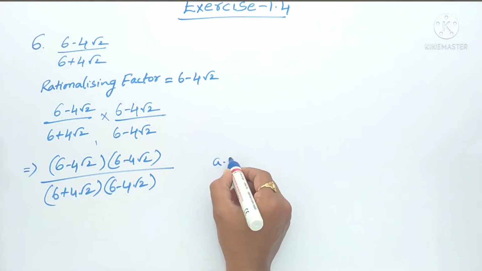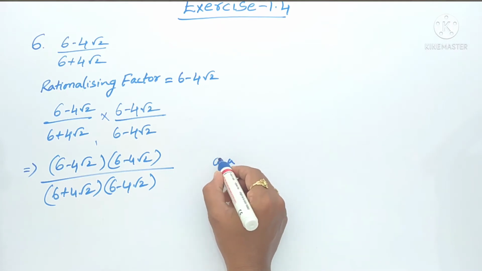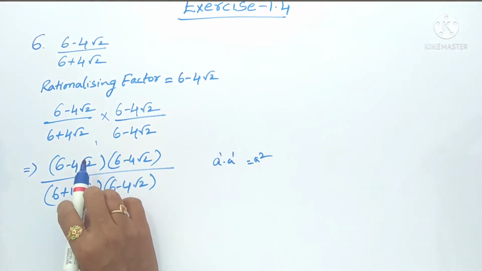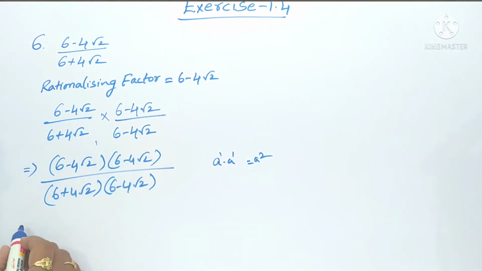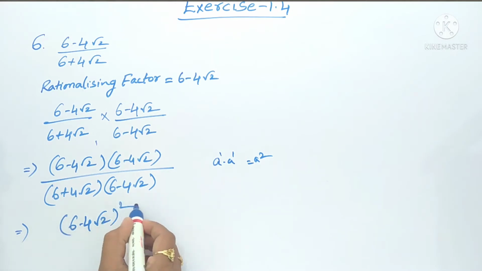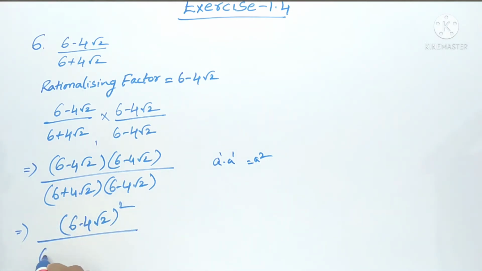So a into a means when bases are equal, the powers will be added. Then a square, no? So in the same way, 6 minus 4 root 2 into 6 minus 4 root 2 is also 6 minus 4 root 2 whole square. So denominator 6 plus 4 root 2 into 6 minus 4 root 2.